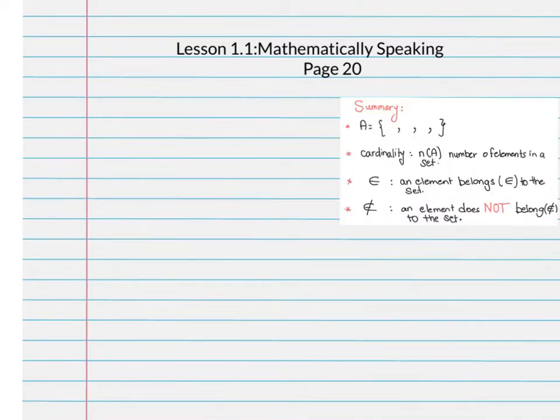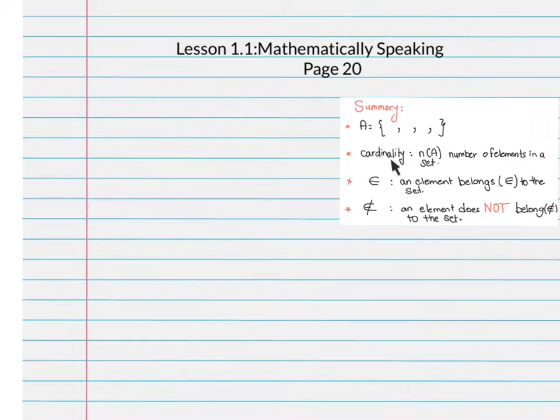As a summary, a set is given an uppercase letter as a name with the equal, the curly brackets, and as many elements as are present, with a comma between each element. Order is not important. Another point is cardinality.